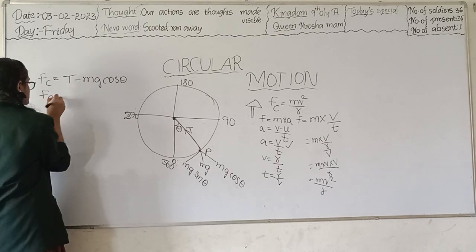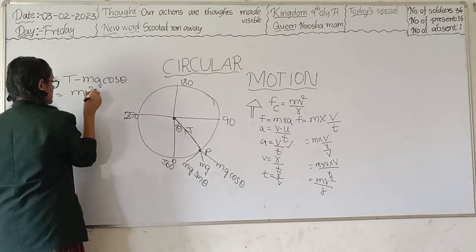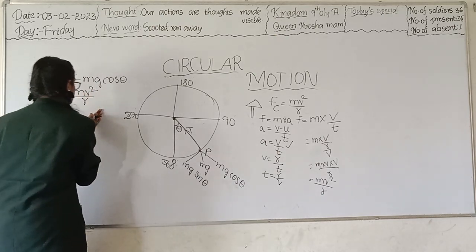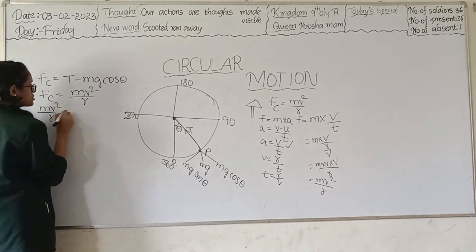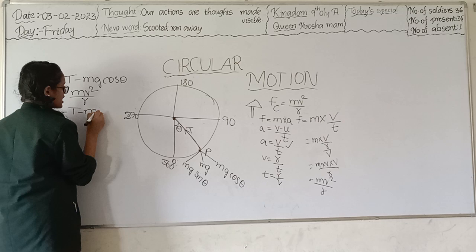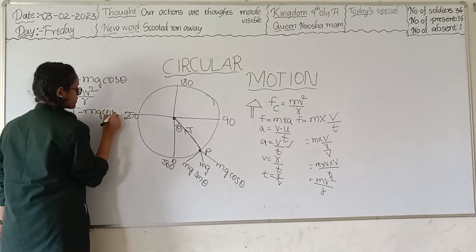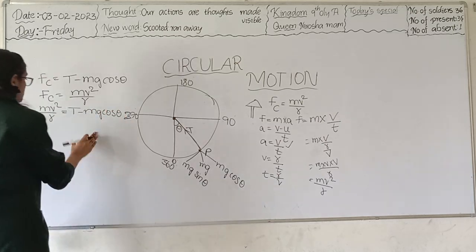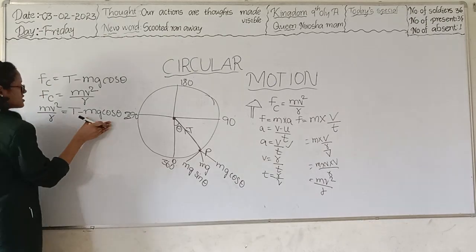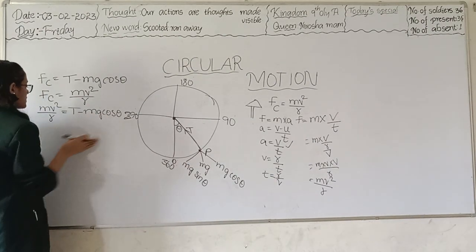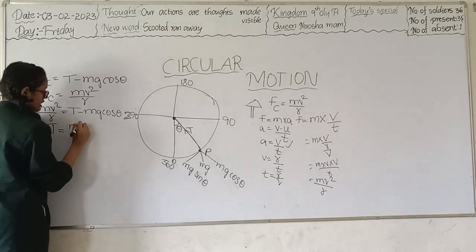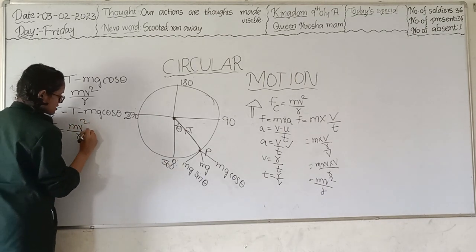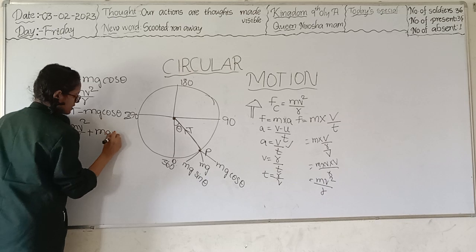So F subscript c is equal to mv square by r. By this we can say that mv square by r equals T minus mg cos theta. If we send the minus mg cos theta to the other side, it becomes plus, so T becomes mv square by r plus mg cos theta.